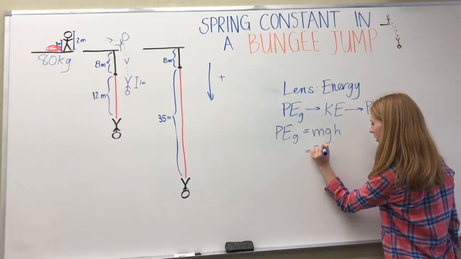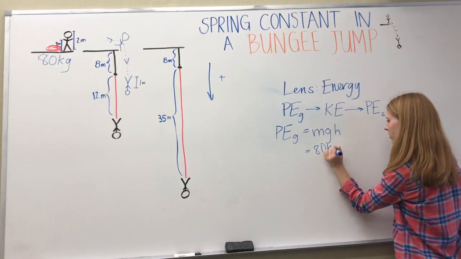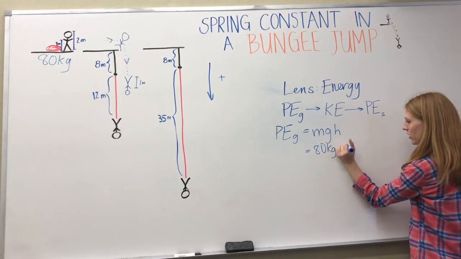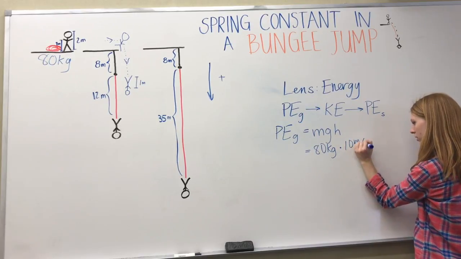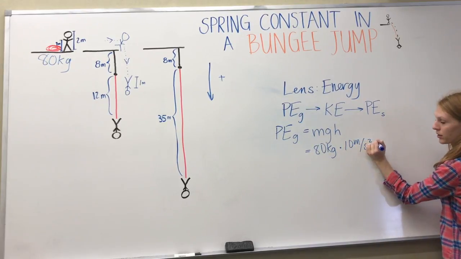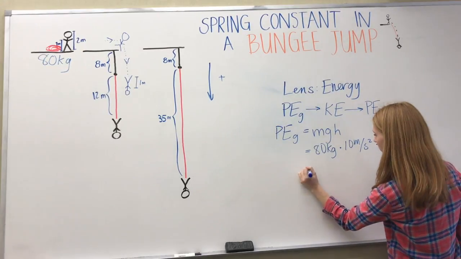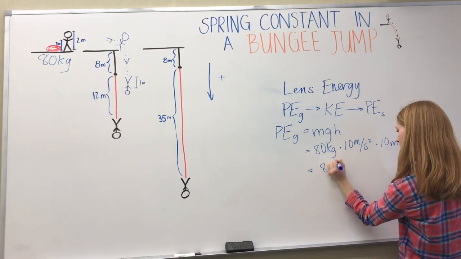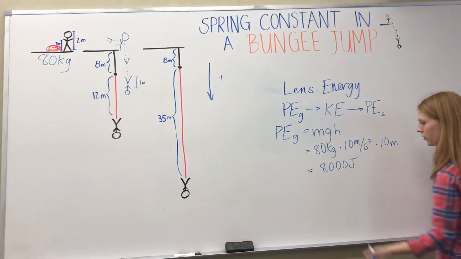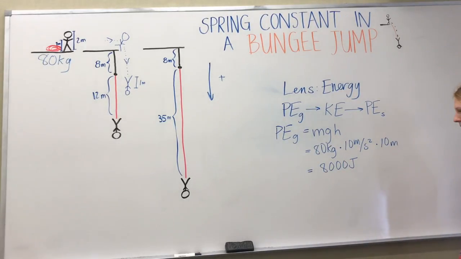So since his mass is 80 kilograms, gravity is 10 meters per second squared, and the height is 10 meters, we find this to be 8,000 joules of gravitational potential energy at that point.